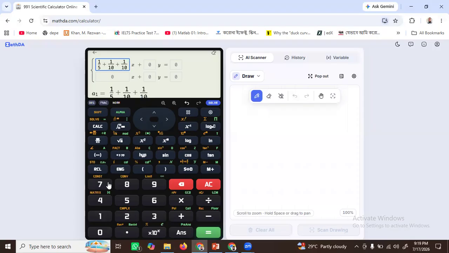Okay, so this is for V1, and here X is actually V1 and Y is V2. That means X is node 1 voltage V1 and Y is node 2 voltage V2. And then go for this part. It will be simply minus 1 over 10, and this part will be equal to 4.